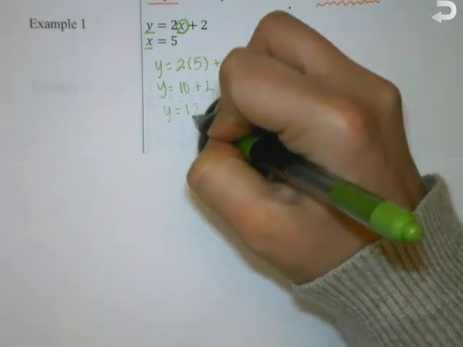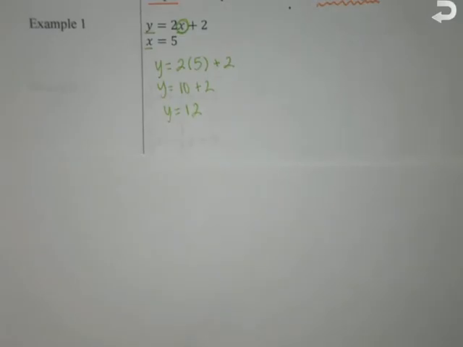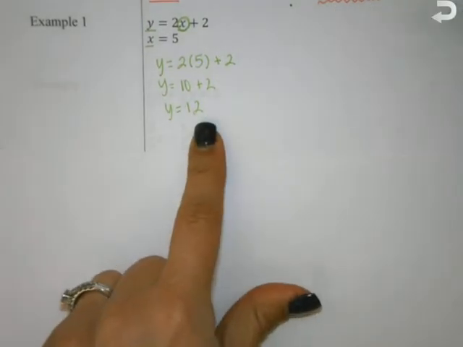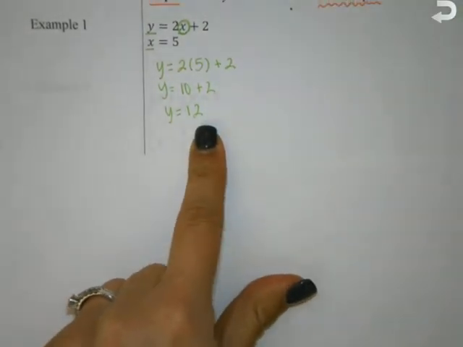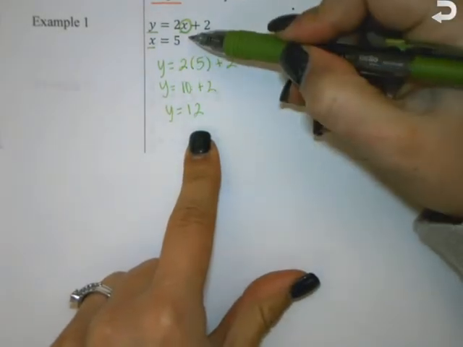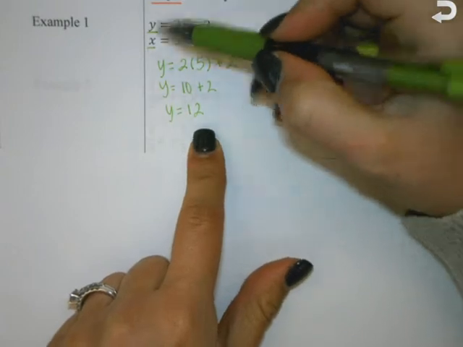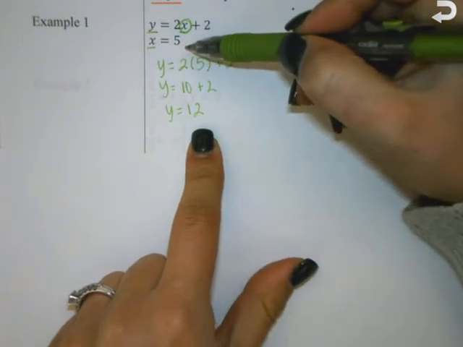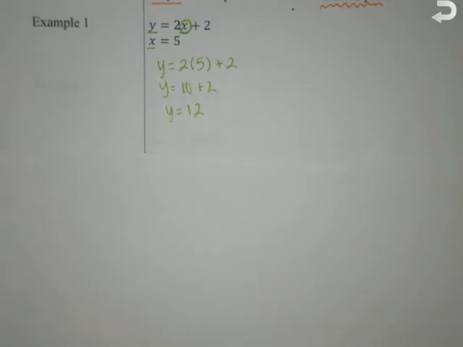Now, step 3 would be to solve for the remaining variable, which we did. Step 4 was to substitute our answer back in. So we would go to the second equation and plug in y equals 12. But is there any y to plug in? No. So we're done. So we write our answer as an ordered pair because this is 1 point on the line. This is the break-even point.